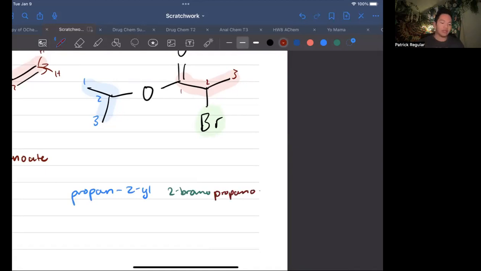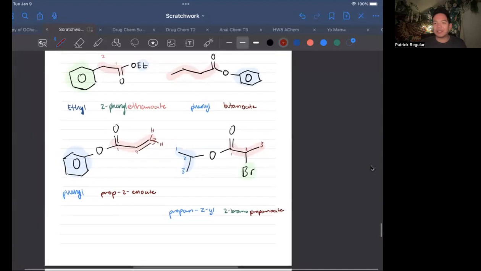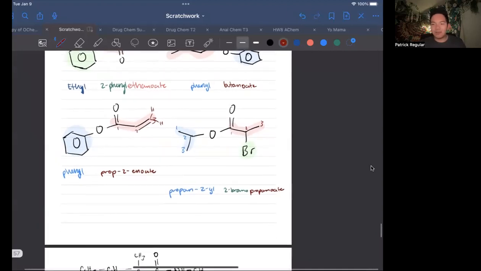Propanoate. That'd be your name. Propanoate. Okay. So hopefully this makes sense. You guys are welcome to practice on your problem set and the other group's problem set.